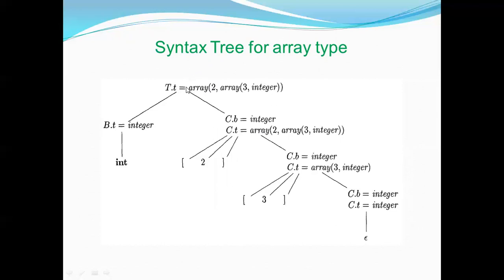This is how this inherited value will be passed from one level to the next level. Then it becomes the synthesized value, and this synthesized value goes to the next level, and then the next level. That's how it will be evaluated. That's how the inherited value will be moved from one level to another, how the information is passed from one node to another node, and that becomes the synthesized value to the upper level.